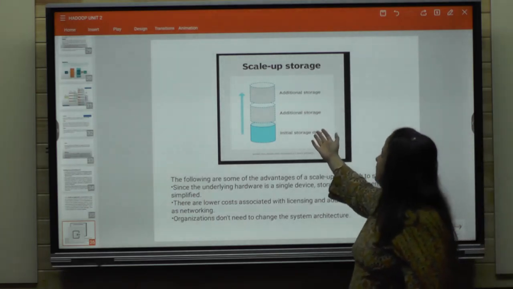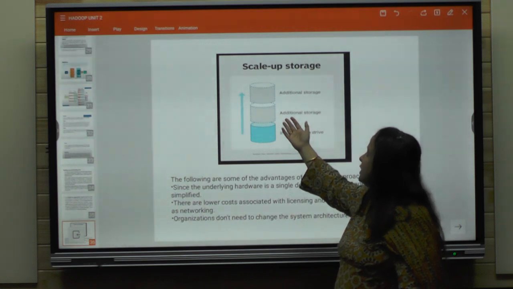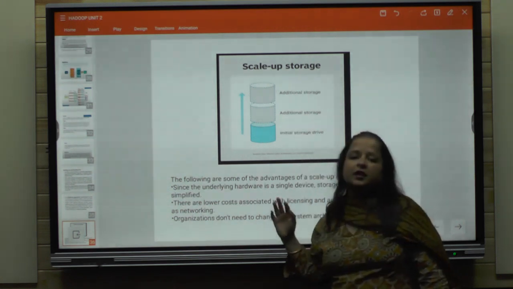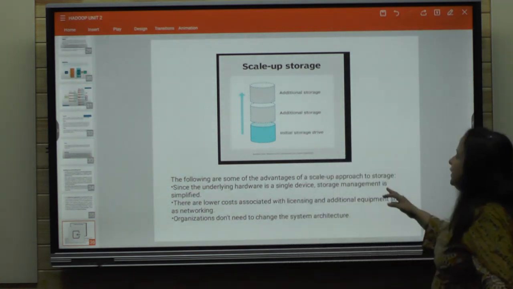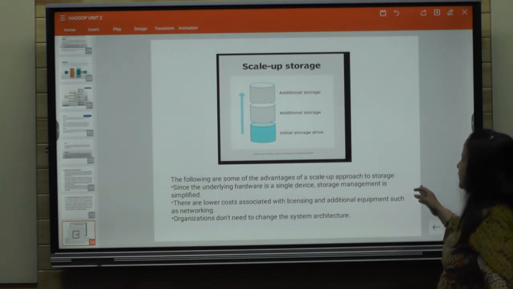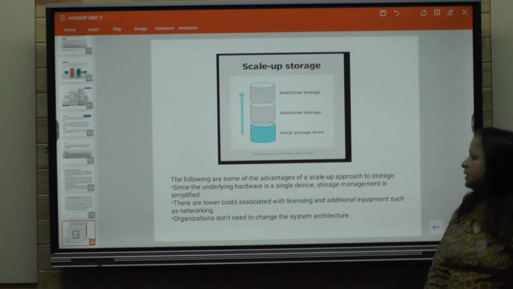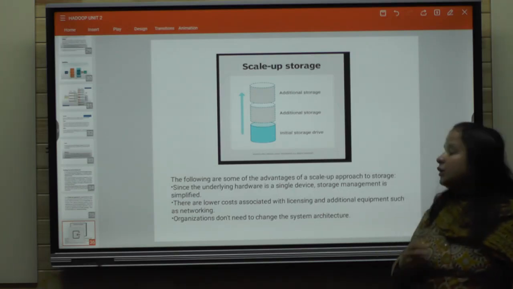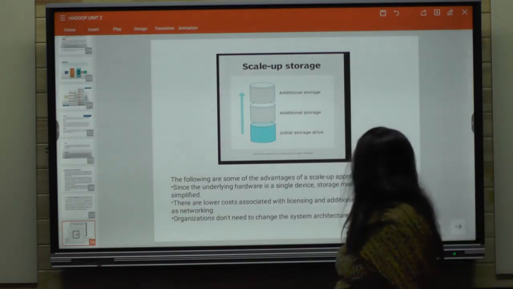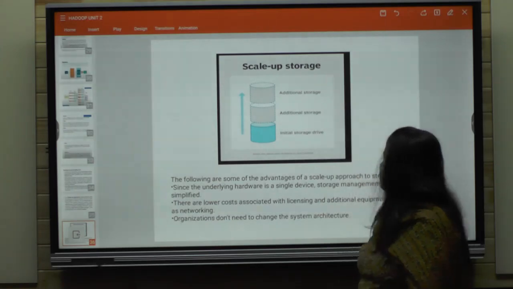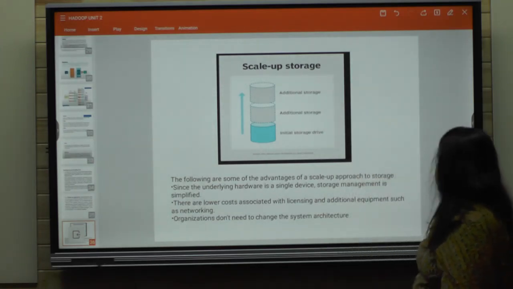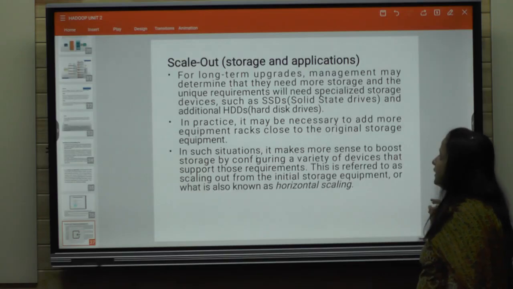Initial storage, the additional storage is added on the same disk. So the following are some advantages of scale-up approach. Since the underlying hardware is a single device, storage management is simplified. There are low costs associated with licensing and additional equipment such as networking. Organization do not need to change the system architecture.